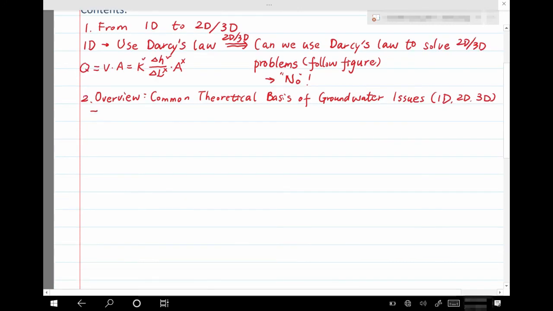First, you guys need to know that the groundwater movement is described by something called a governing equation.